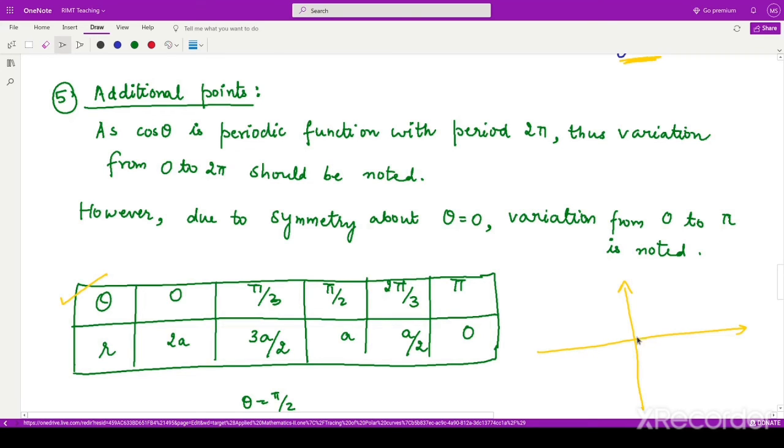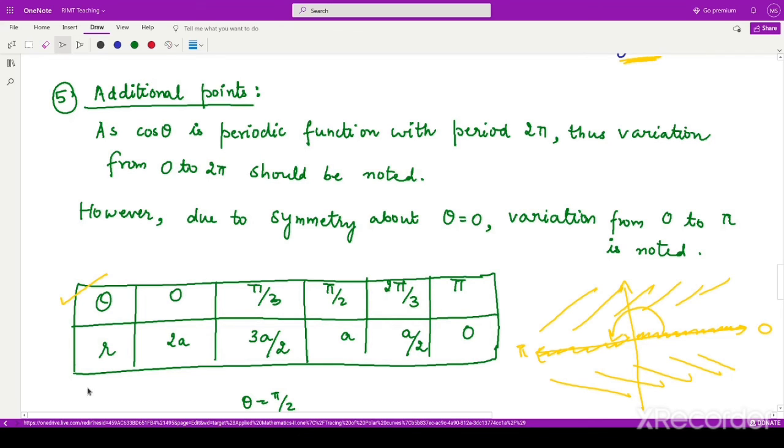We have symmetry about this particular axis, so whatever is in the upper quadrant, the same is downwards. So the only information required is from 0 to pi. We only require the angles from 0 radians to pi radians. So for theta equal to 0, pi by 3, pi by 2, 2 pi by 3 and pi, we will calculate what r is.